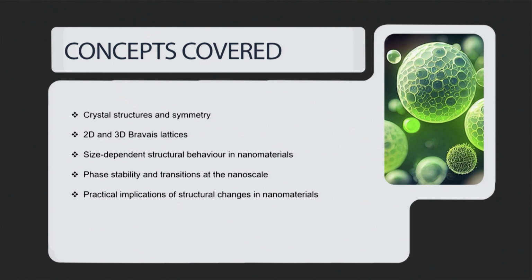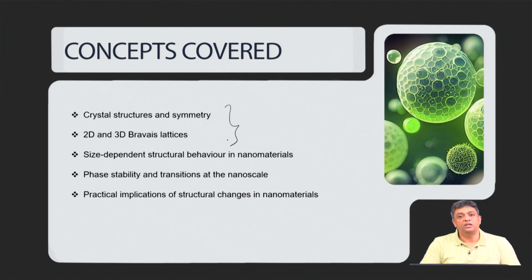Clearly, the number of atoms, how these atoms are arranged, and the relations between the positions at which these atoms can be placed in a crystal lattice can have significant impact on the final property of a material. So, we must understand how the crystal structure gets modulated due to size reduction.